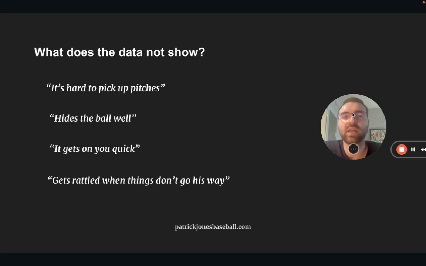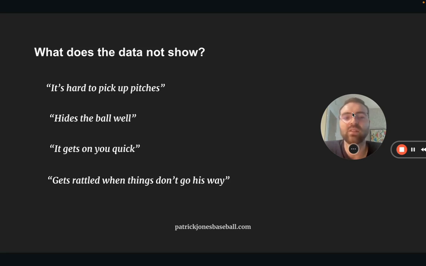Look at somebody like Brent Suter for the Cincinnati Reds, a reliever whose fastball tops out at 87 miles an hour. You look at his stuff, even on TrackMan, nothing he does, none of his pitches say this guy should be getting major leaguers out.